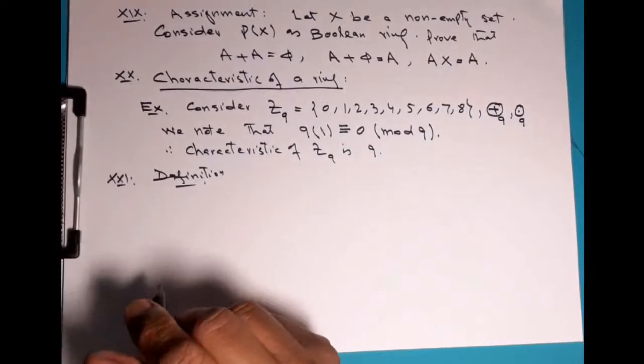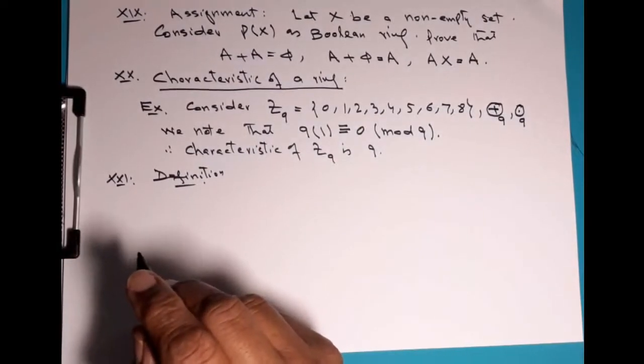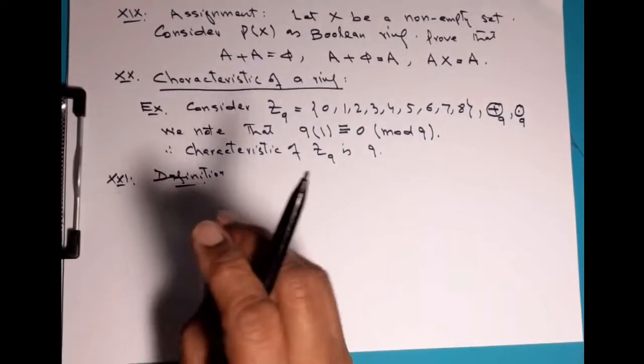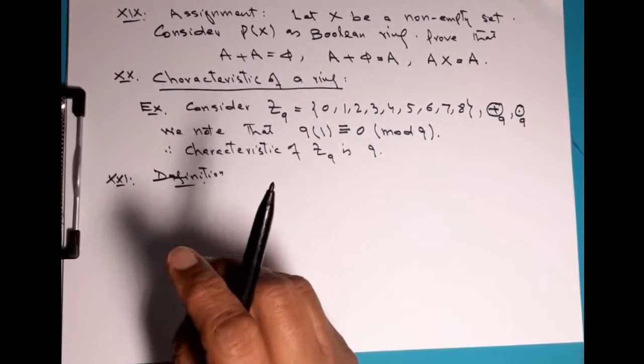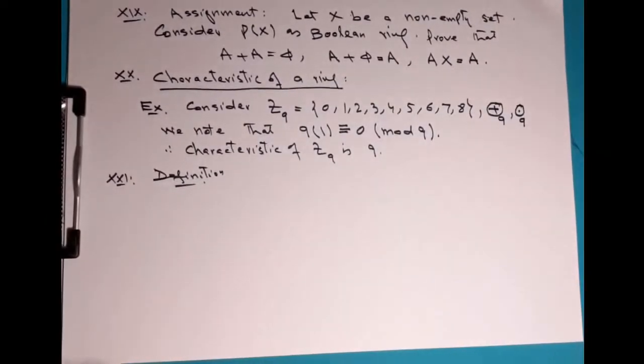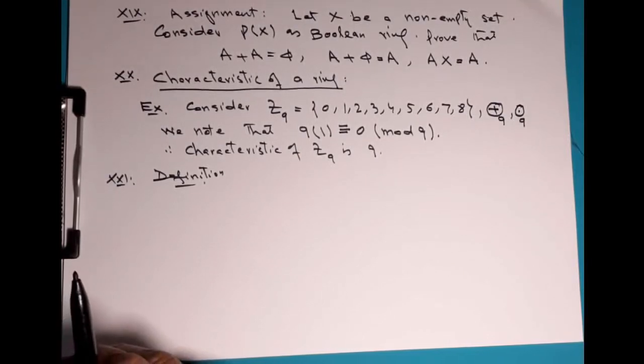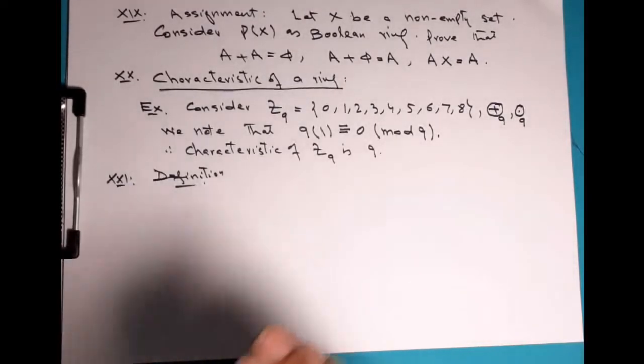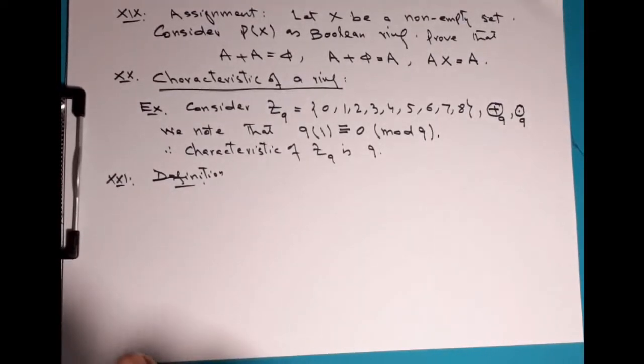So the characteristic of a ring with identity is the least positive integer such that that positive integer multiplied with 1 gives you 0.